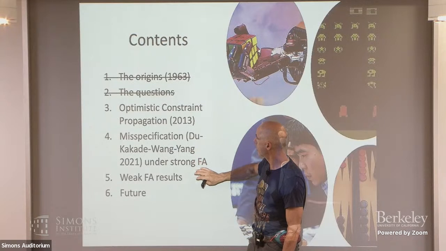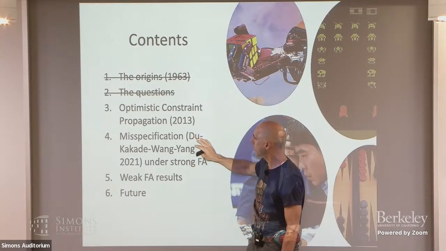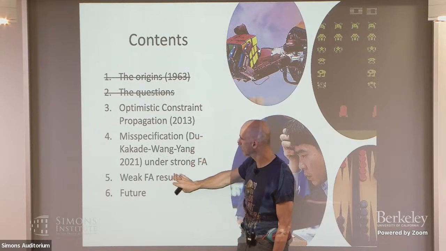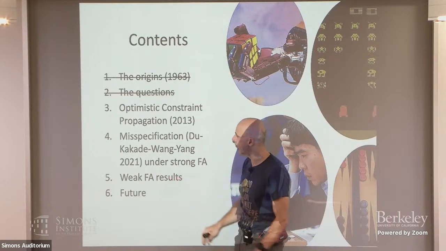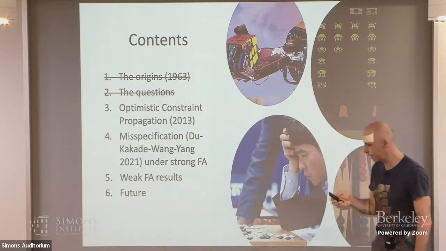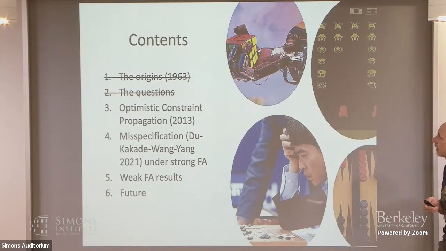Then I'm going to talk about a bunch of other algorithms under misspecification. And then I will talk about results that I call weak functional approximation results. That's going to be the bulk of the talk, actually.